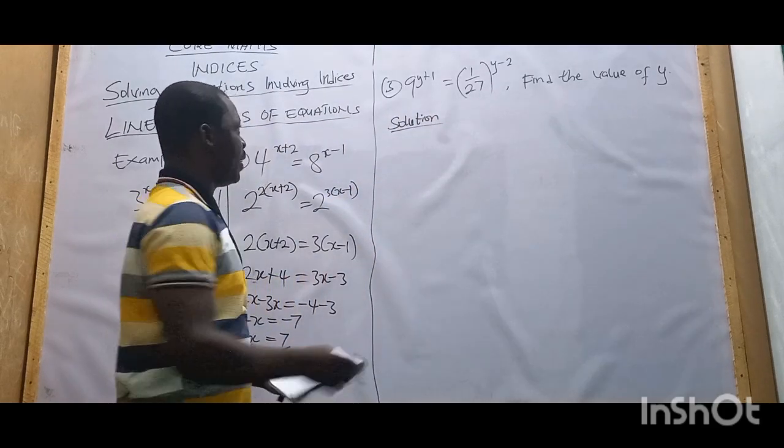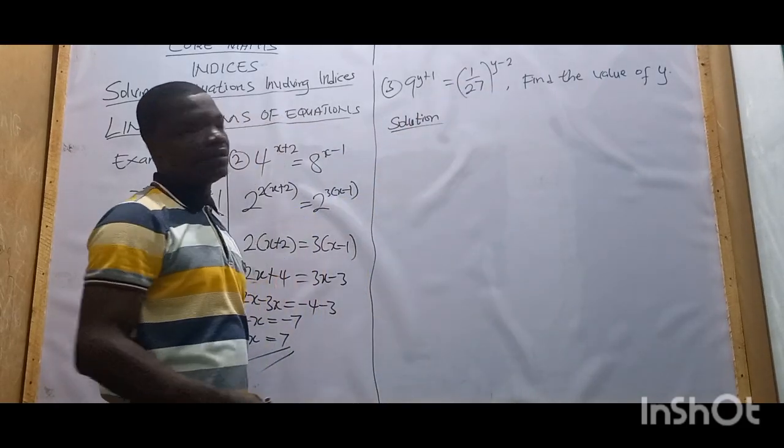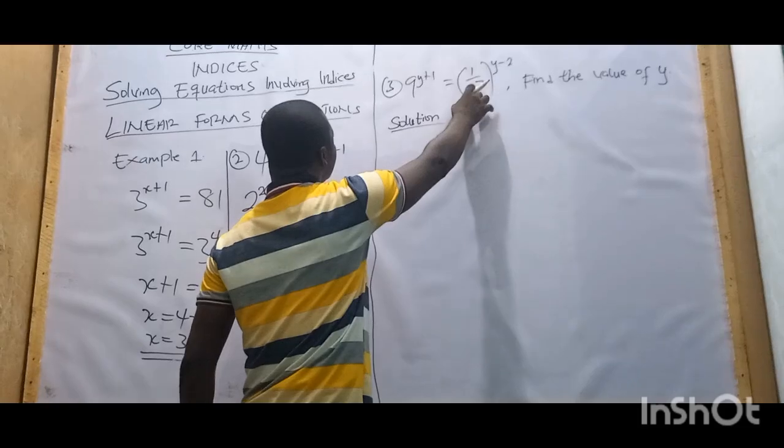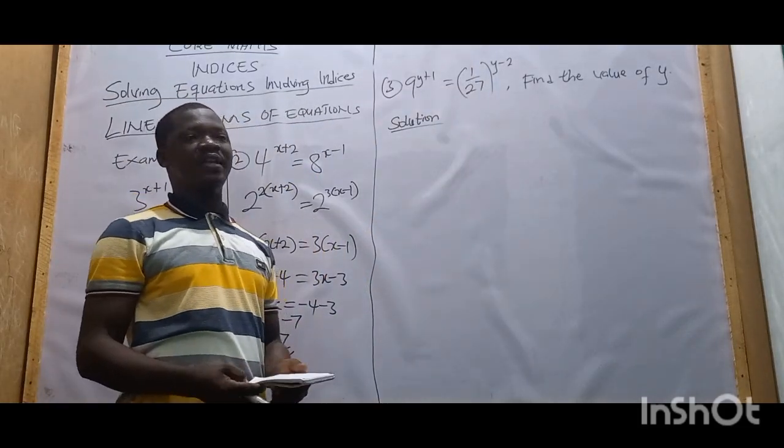So we remember negative index or reciprocal. So if it is a fraction, we'll write it in what? Reciprocal form, or negative index.